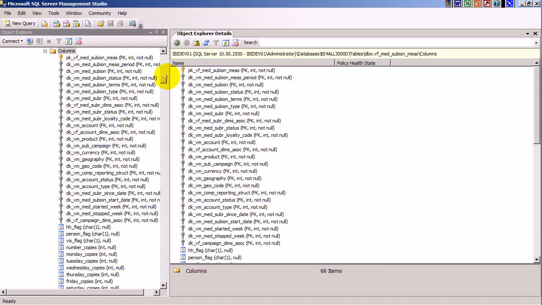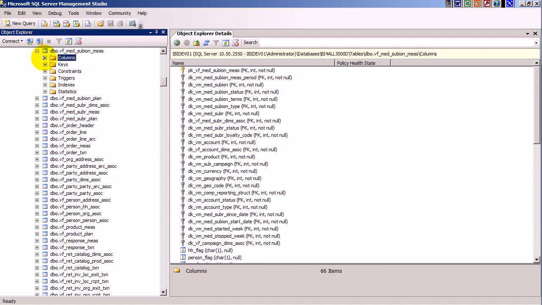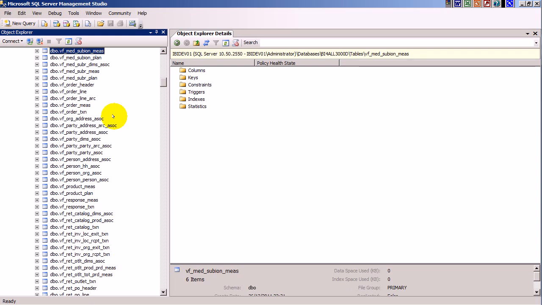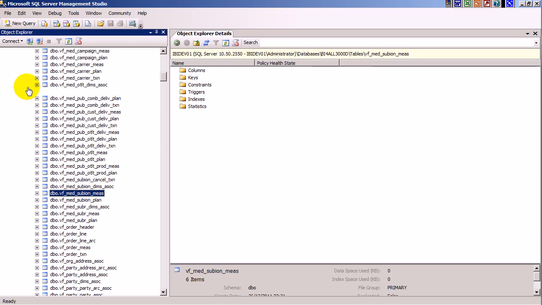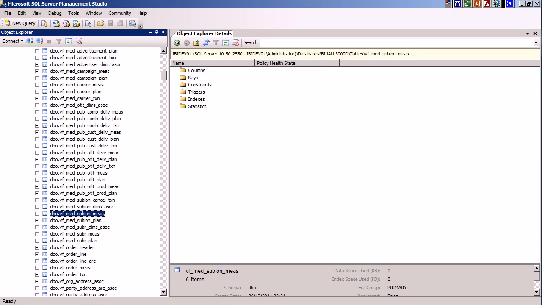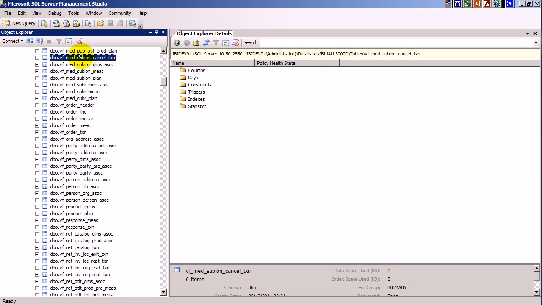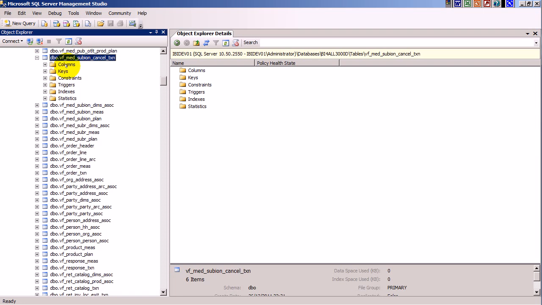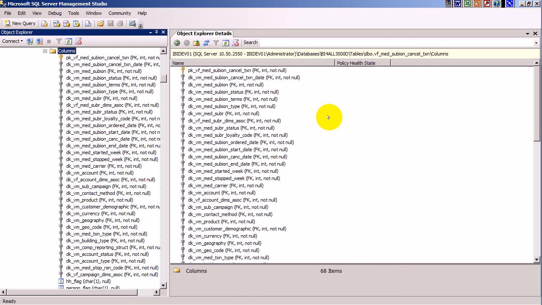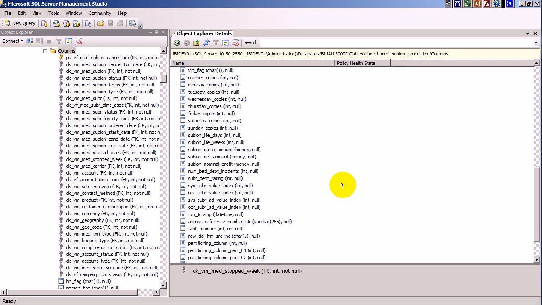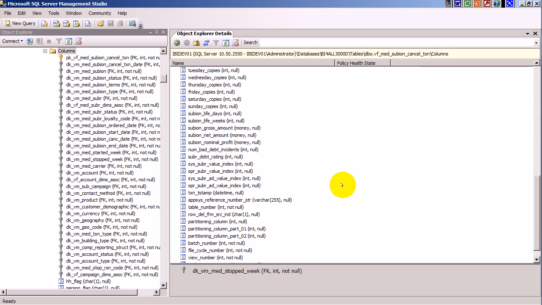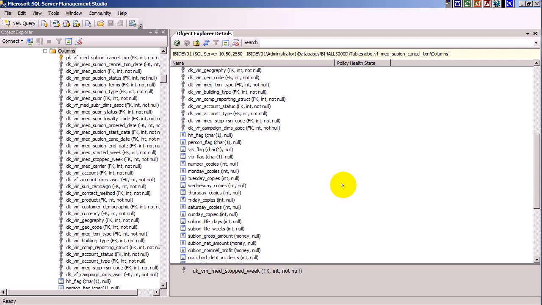And one of the things we found when we looked at cancellations, we had a subscription cancellation table. So here's your subscription cancellation transaction where we recorded just about everything that we could think of, trying to look at cancellations, because in a newspaper, a subscription cancellation is a big deal.